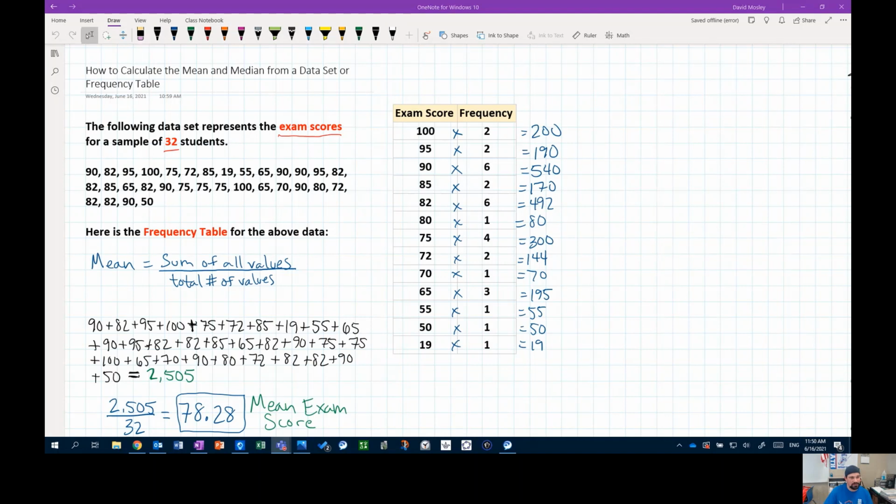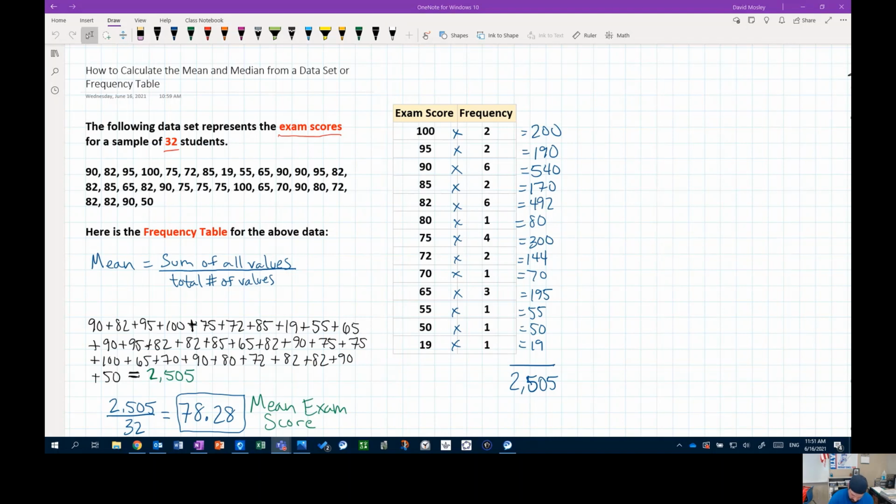Now that we have all the values, we add them all up. And again, when we add all these things up, we get 2,505. All right, so we get 2,505, and we just take that same method we did before.